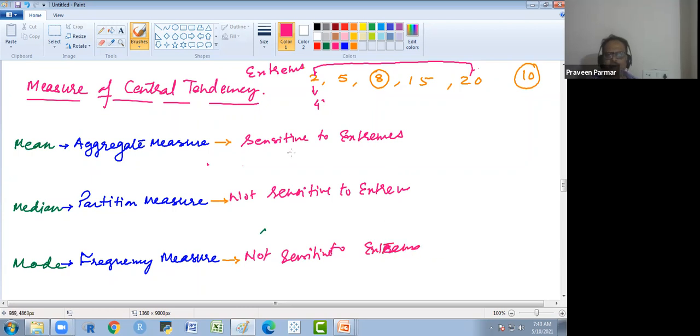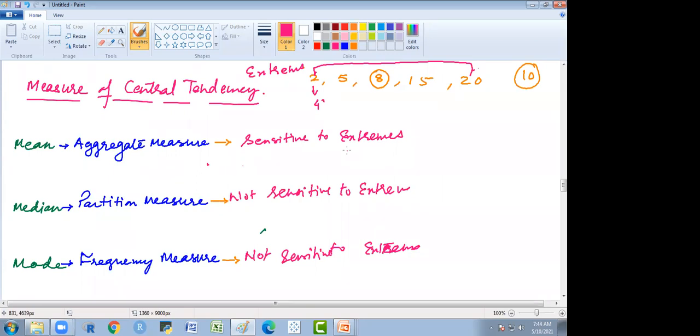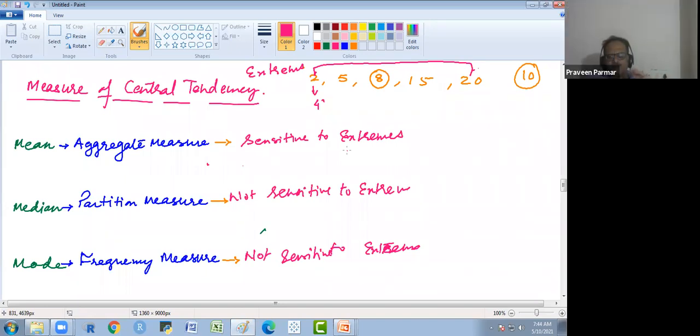Why are we studying this? Because sometimes we get some outliers in the data. Do you know the outlier? The value which is totally different from most of the values of the data, always on the extreme side, either the lower side or the upper side.